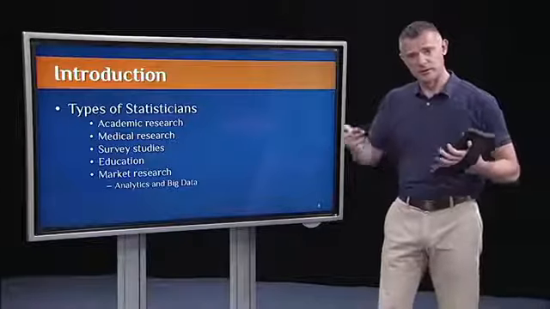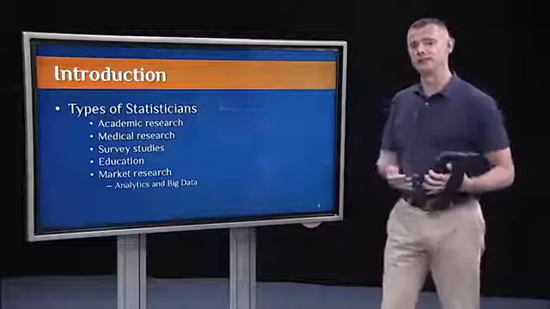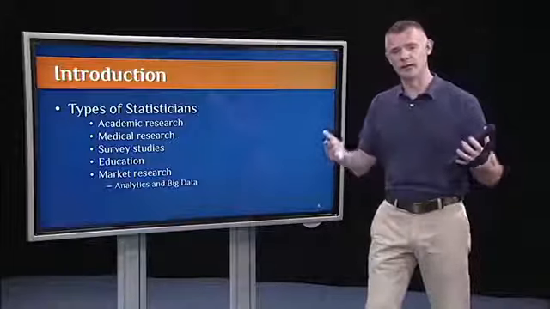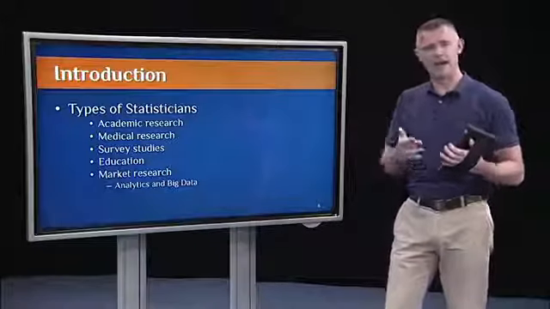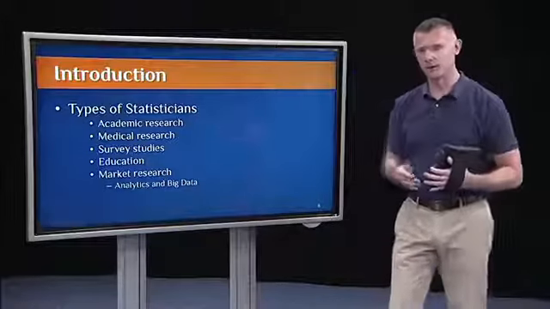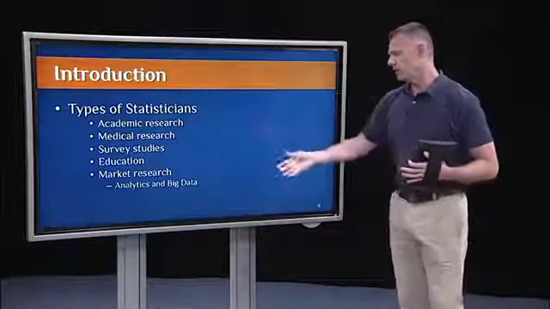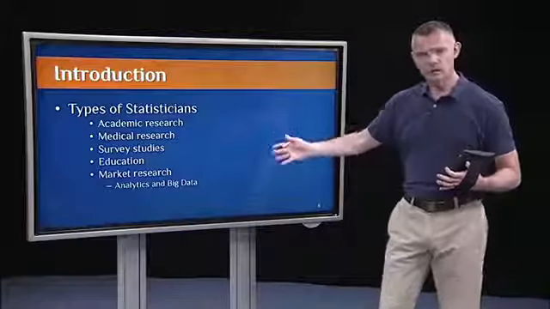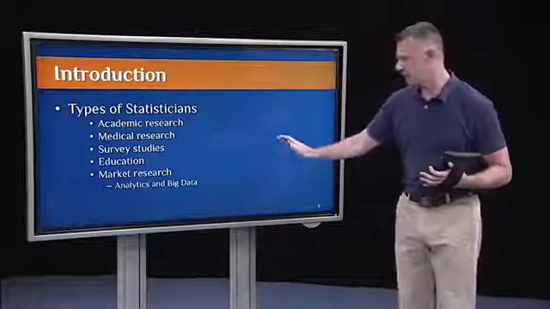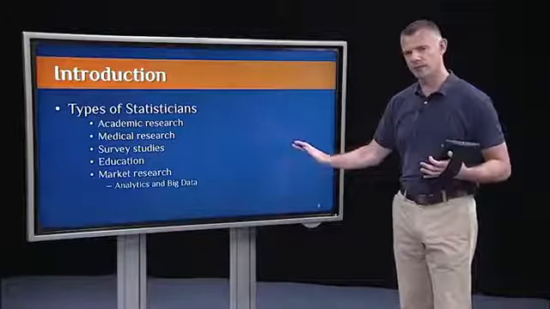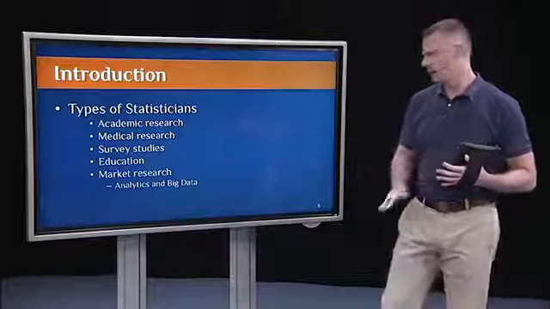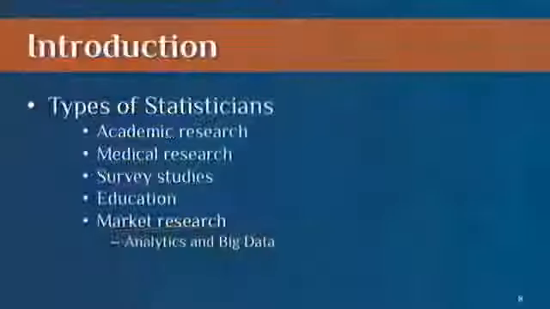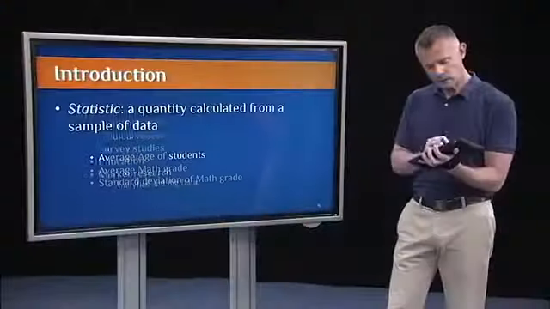There's lots of research in education and online education going on right now, trying to understand how online education is working. And then finally, there's a big sector that used to be called market research, now I think falls under the phrase analytics, also falls under the phrase big data, a big area where statisticians are being hired right now.